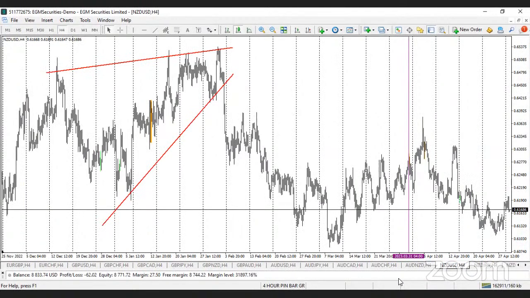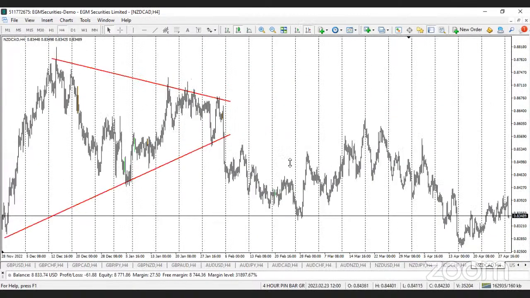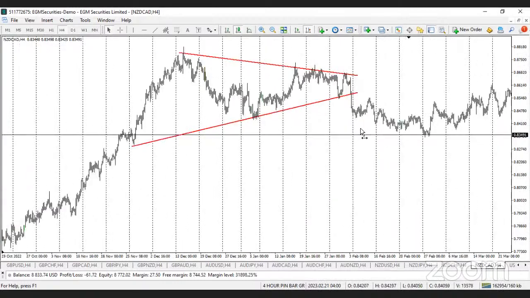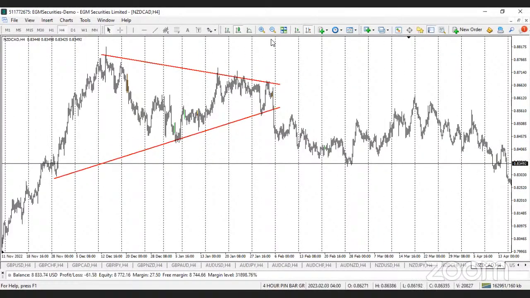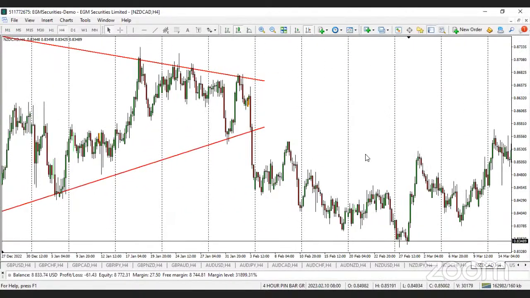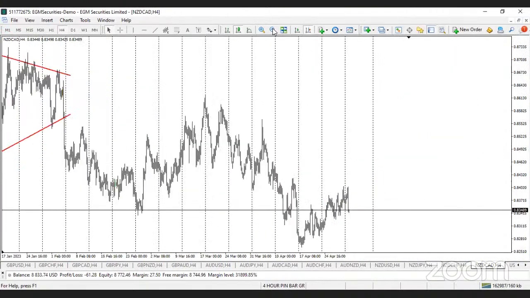Then the next example is New Zealand dollar against Canadian dollar. Again, this was towards the end of January, sometime in early Feb. That is when this pattern broke out. Again, this is a rising wedge, which culminated into a reversal.